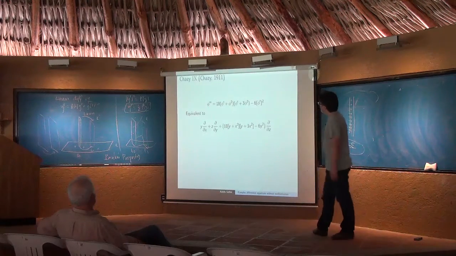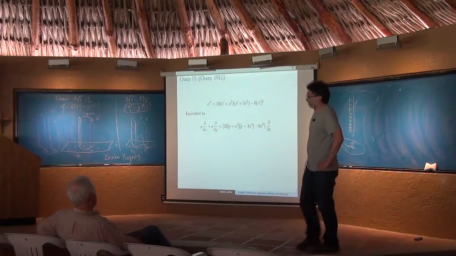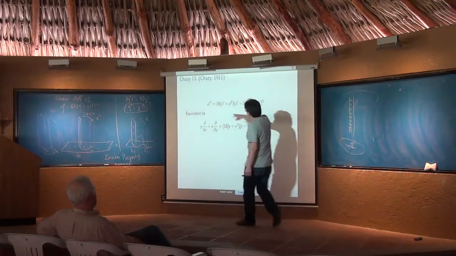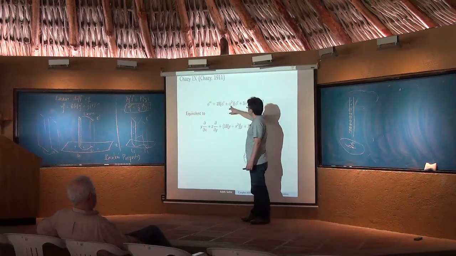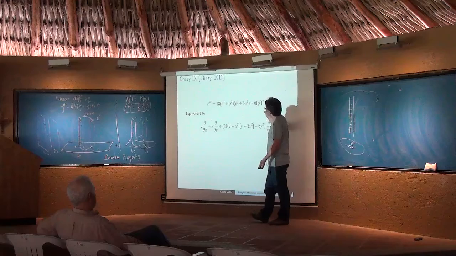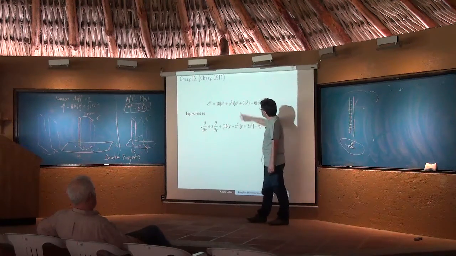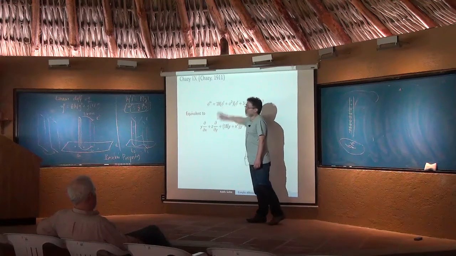This is the Chazy-IX equation. This is a third-order equation, and it says that the third derivative of phi is a function of phi, phi prime and phi squared, which is actually a polynomial with integer coefficients, having degree 4 in phi and 2 in phi prime.